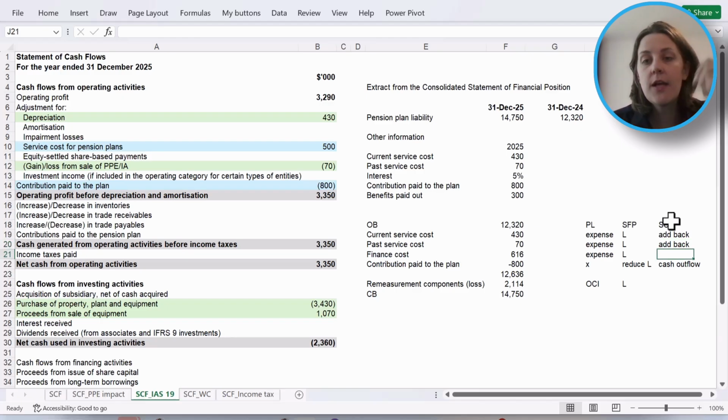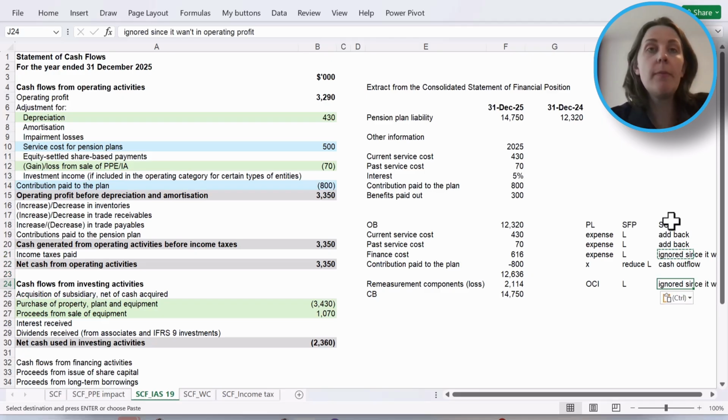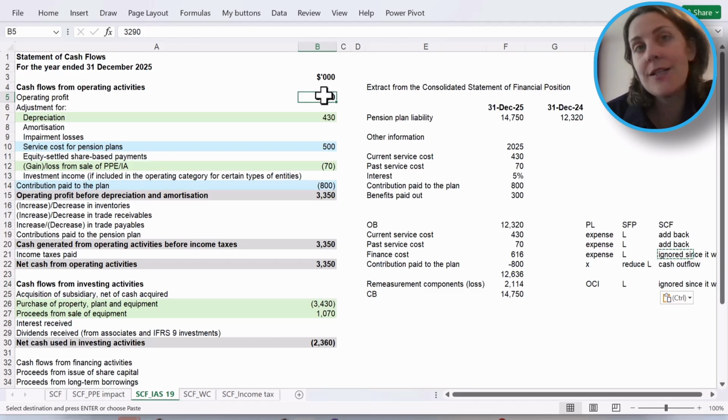Finance cost is going to be ignored since it wasn't in operating profit. Contributions to the plan are going to be our cash outflow, and the remeasurement component also is going to be ignored since it was not part of the operating profit that we are adjusting as part of our statement of cash flows calculation. And that is how it works.